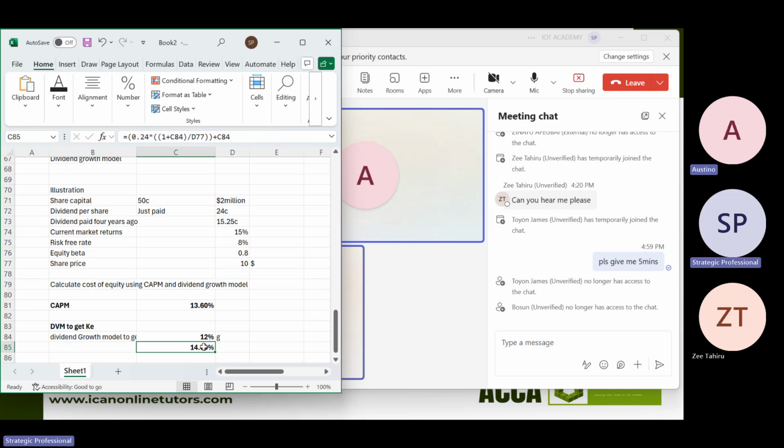Okay. Dividend growth model approach, right? Yes. Using the DGM to get KE, we're going to have 14.69. Using CAPM, we're going to get 13.60. Is that clear? Yes. All right. So let me see if there's anything else we can do from this part.